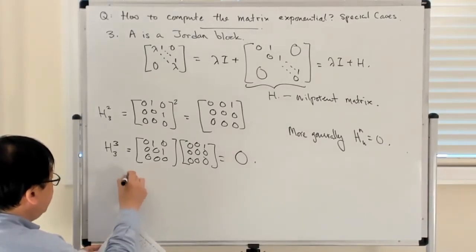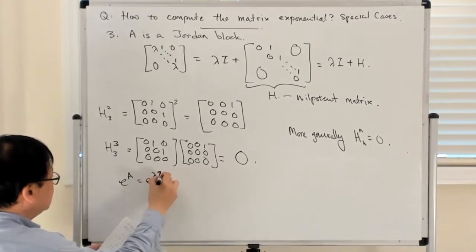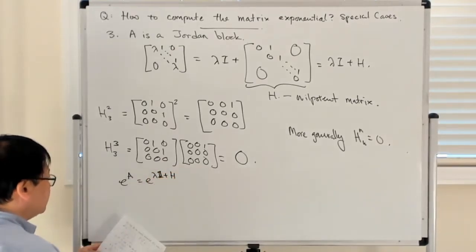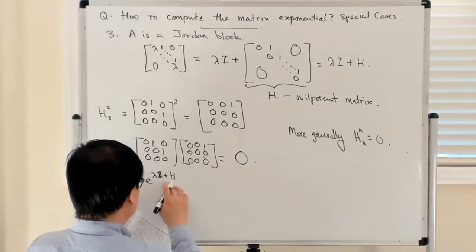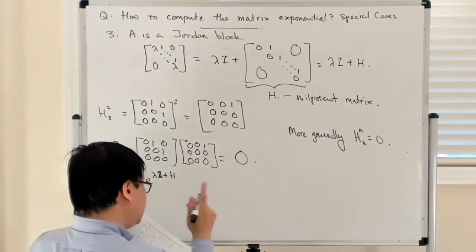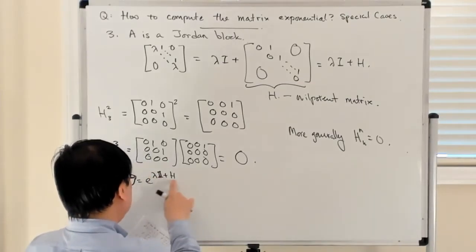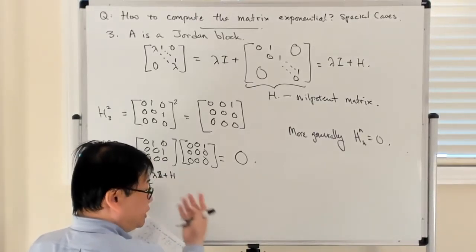So e to the A is e to the lambda I plus H, right? But recall, as I said, in general the exponential of a sum is not the product of the exponentials, except when these two matrices commute with each other, which is to say that A times B is equal to B times A.